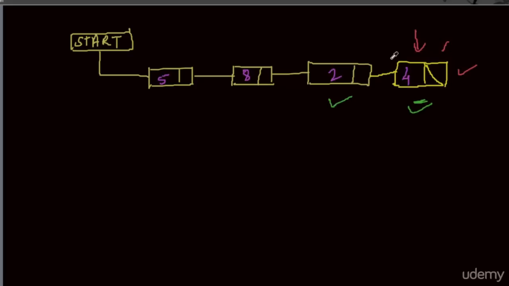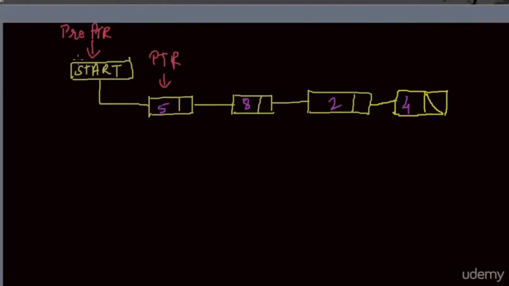Now try to understand how we can do the same programmatically. In order to do that, we need to take 2 pointers. For example, one pointer's name would be pre-PTR and one pointer's name would be PTR. One would be behind PTR by one node. So this is PTR and this would be pre-PTR.